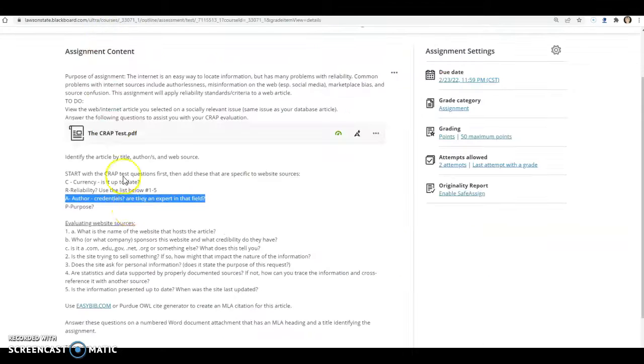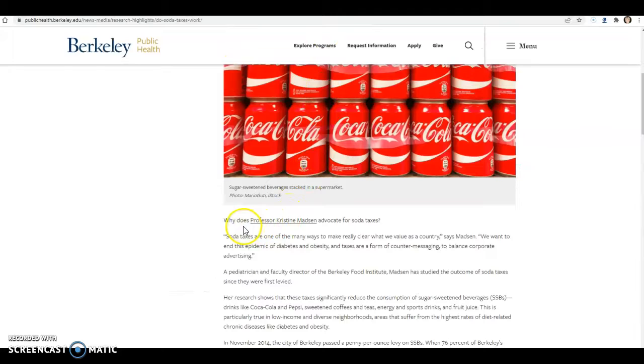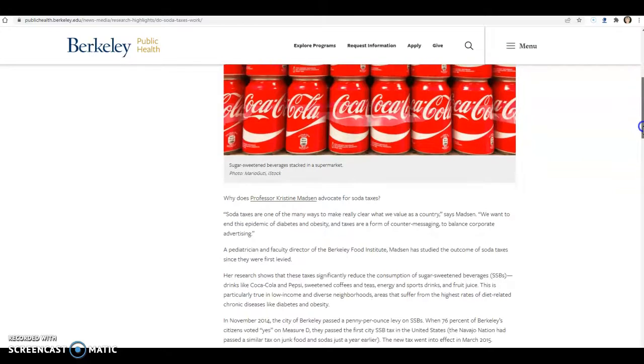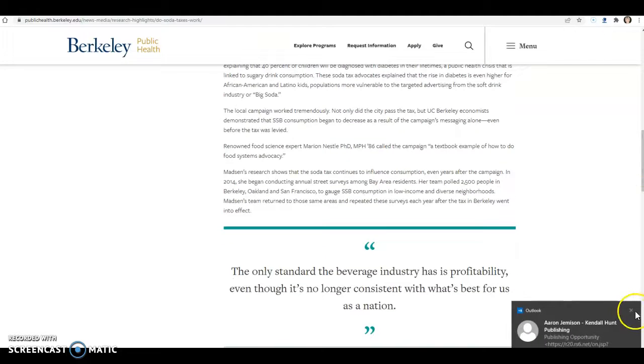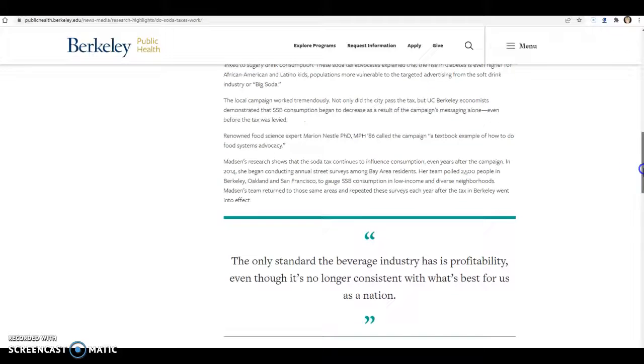So the purpose, of course, is to find out if it had worked. They had implemented the tax in 2015, and her research showed that it made some kind of difference there. Okay, it certainly reduced the consumption.